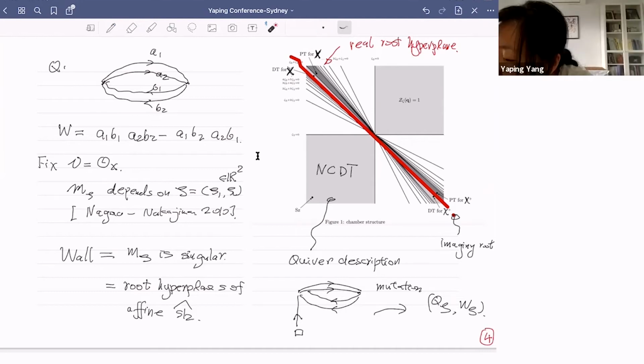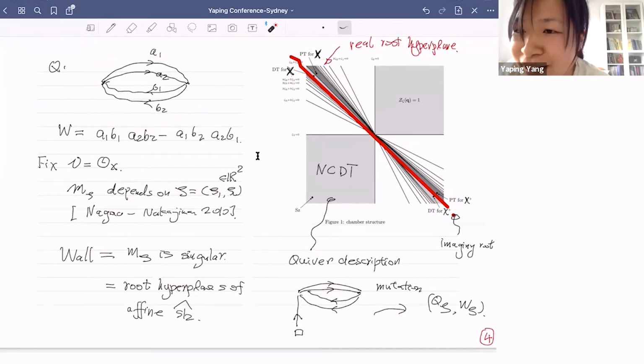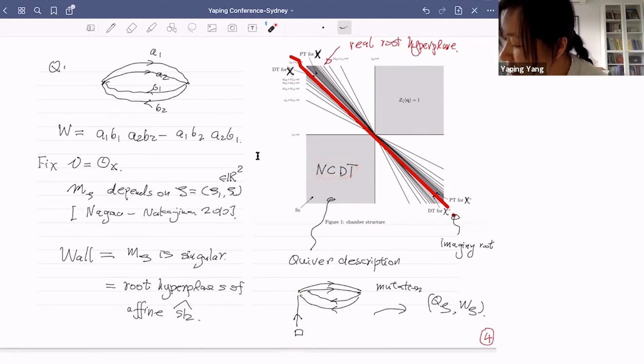It's a way of framing. The perverse coherent sheaves see this quiver without the framing, and those moduli spaces have this framing together with the stability condition. For example, this NCDT is a representation of this quiver whose stability condition is a cyclic stability condition.